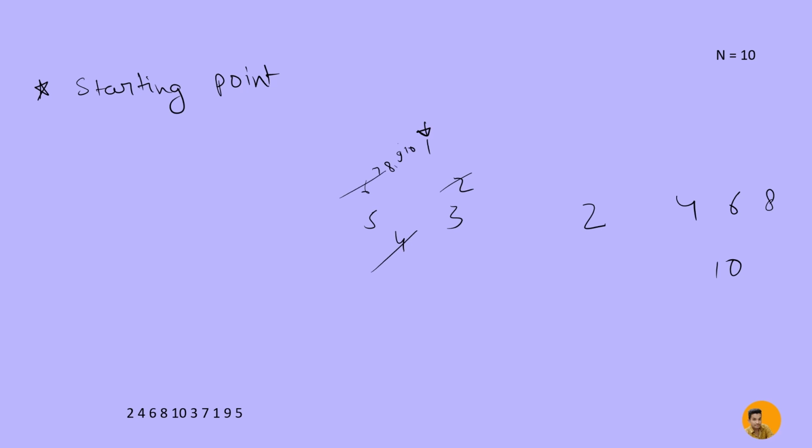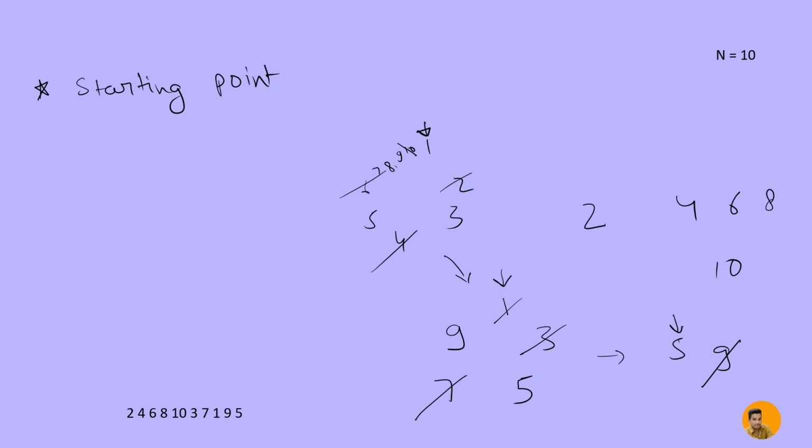Now this problem is being reduced to a smaller problem, which is 1 3 5 7 9. So now in this problem our starting point is this. So we removed 3 and 7 and then 1. Now for this problem our starting point is 5, that's why we are removing 9.